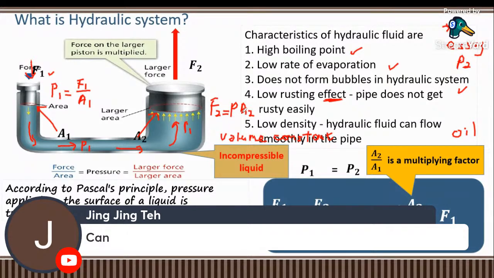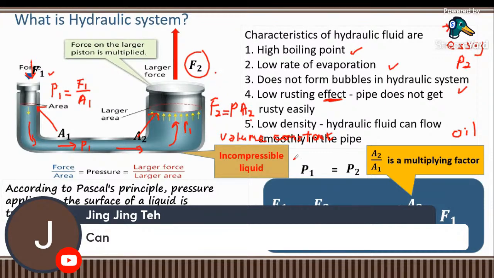Thus, from this relationship you can see the larger the area of the second piston, the higher the force produced here, which depends on the area A2. You just increase the area of the piston A2. Another method is to increase F1, which is higher, thus the force produced is also higher.